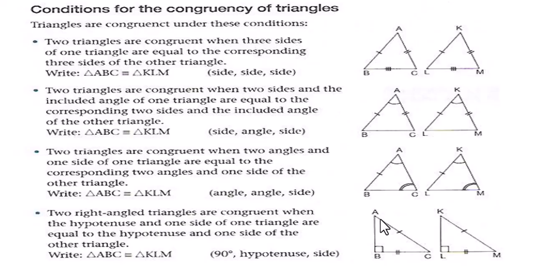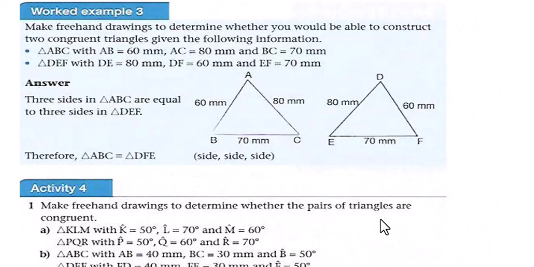So we have a question. This question says make a freehand drawing to determine whether you would be able to construct two congruent triangles given the following information.